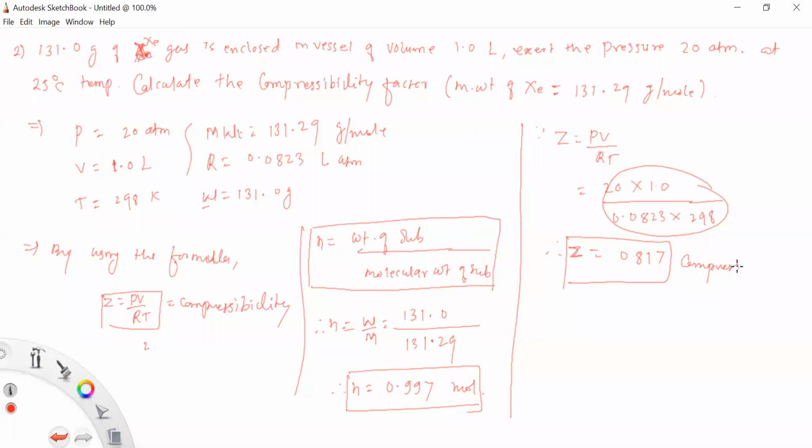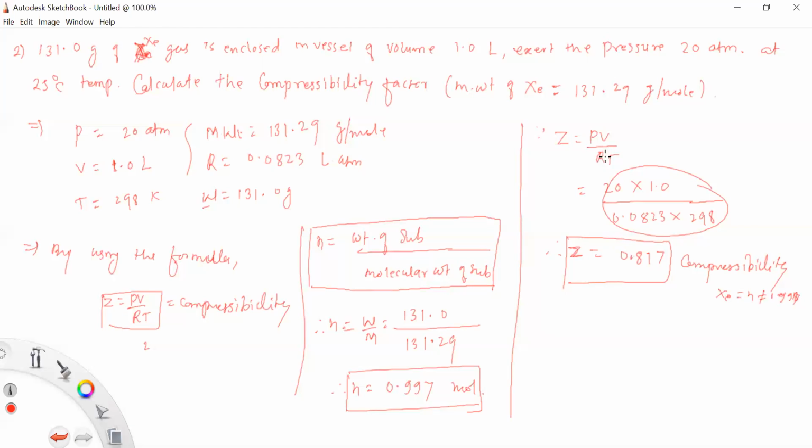At that time, for the xenon gas molecules, n is 0.998 or 0.997. This 0.817 is your Z value, which is called the compressibility factor. In this way, we can find the compressibility factor and the number of molecules present.